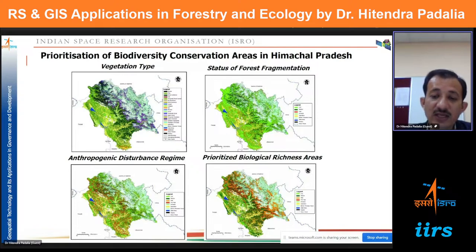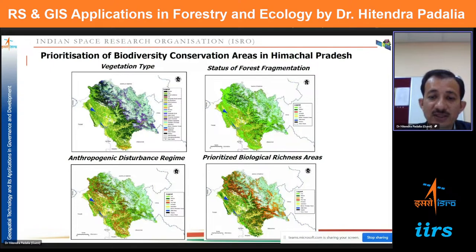This is also the area where you have protection of endemic plants, and also the area where you have a congregation of species having higher economic value or even future economic value. Such aspects are taken care of while modeling the biological richness.